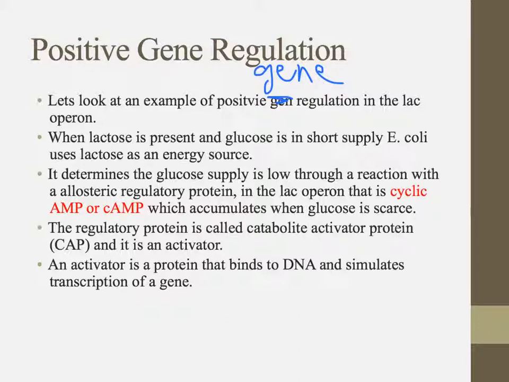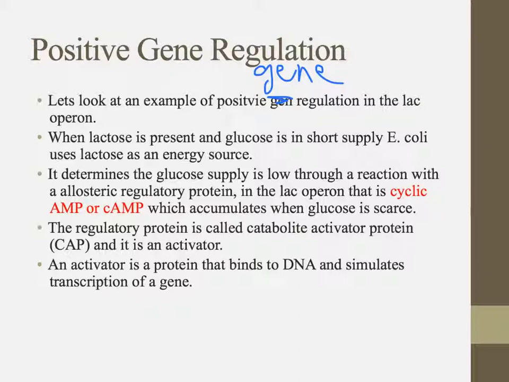When lactose is present and glucose is in short supply, E. coli uses lactose as an energy source. And how does it know when glucose is in short supply? It determines the glucose supply is low through a reaction with an allosteric regulatory protein, in this case cyclic AMP or cAMP, which accumulates when glucose is scarce.